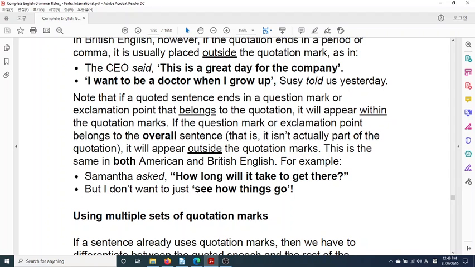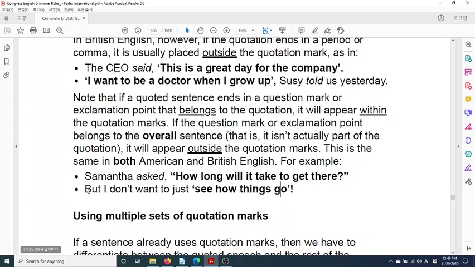For example: Samantha asked, "How long will it take to get there?" Since the question mark is part of the quotation, it is inside the quotation marks for British and American English.